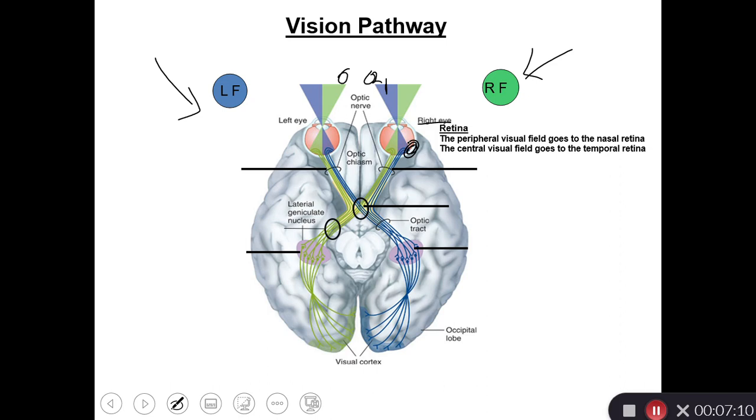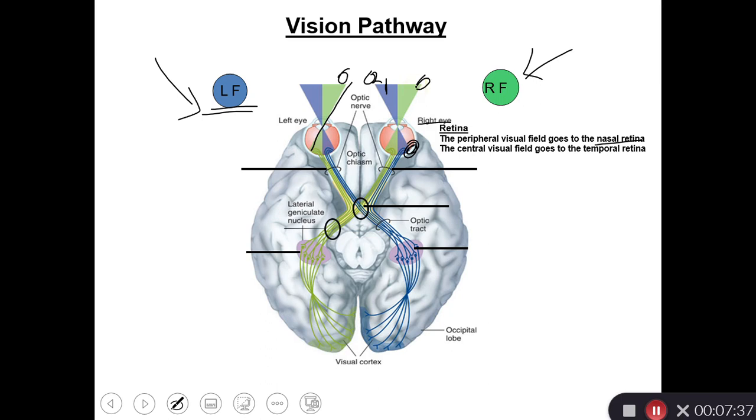Now, this green in reference to the left eye is in the center, and it goes also to the lateral side of the left retina that we call temporal retina. How about the peripheral field of vision? It goes to the central retina that we call the nasal retina, closer to the nose.